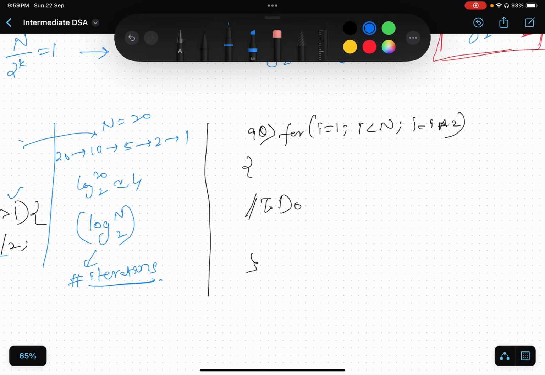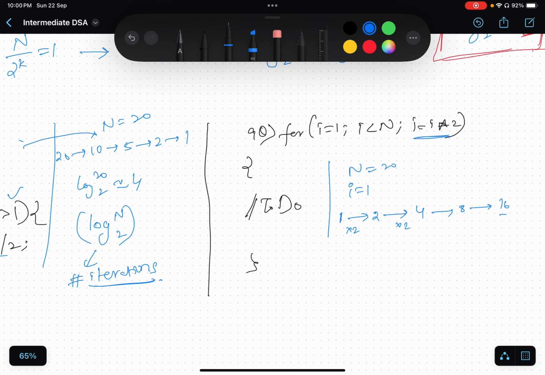I have one more example. Similarly, take n equal to 20, right? Now what I am doing, I am taking I equal to 1, and for every iteration I am multiplying it with 2. So this is not division, it's a multiplication. So first time I am multiplying with 2, next time I am multiplying again with 2, third time again with 2, lastly I am multiplying it with 2 again.